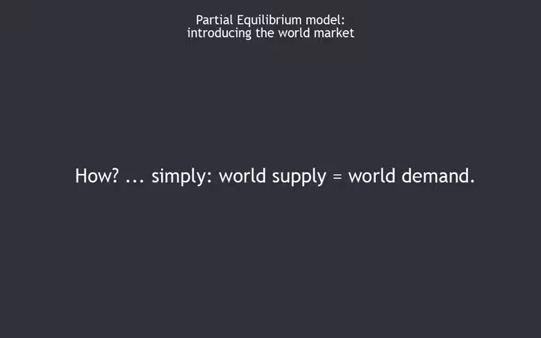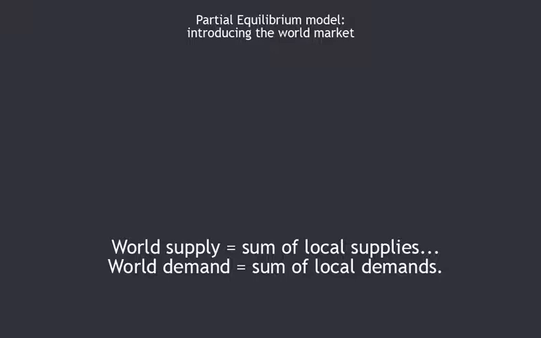So this is exactly what we do here, because we say that the world price is determined by the equality between world supply and world demand. And how do we determine world supply and world demand? But this is very simple because world supply is the sum of local supplies and world demand is the sum of local demands.